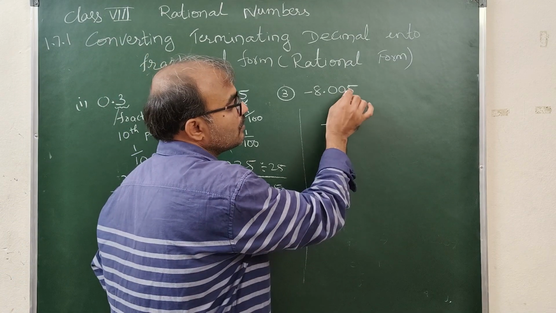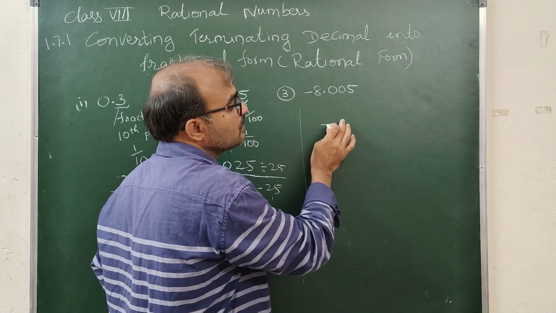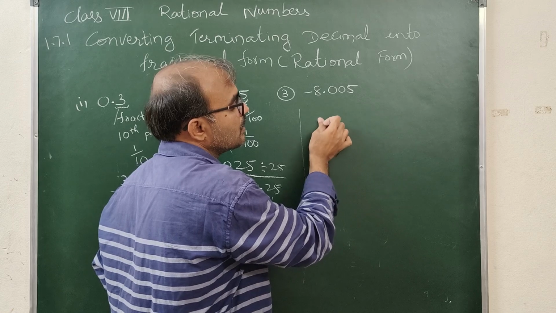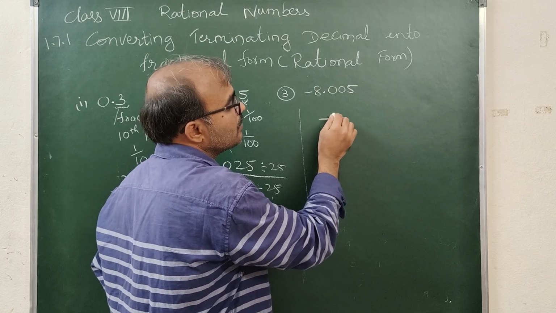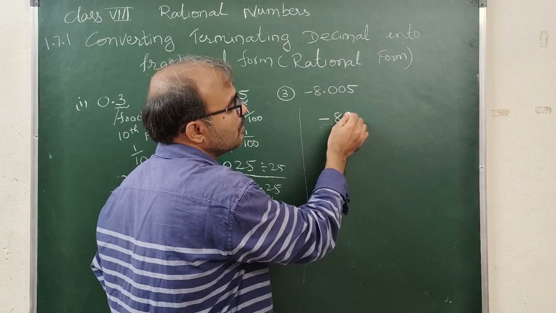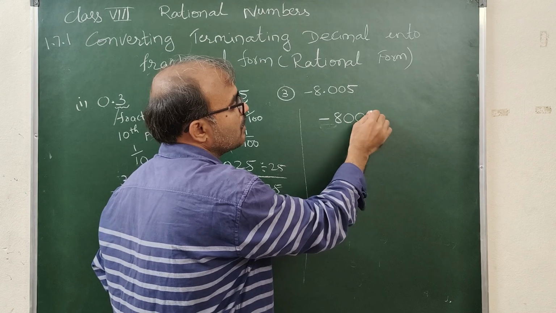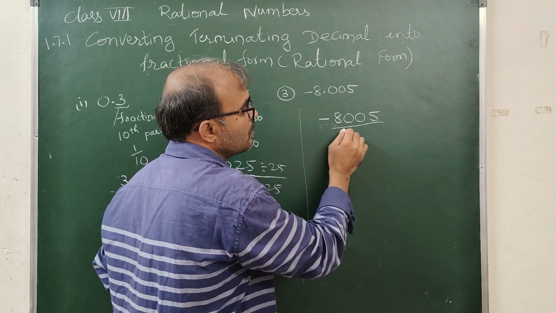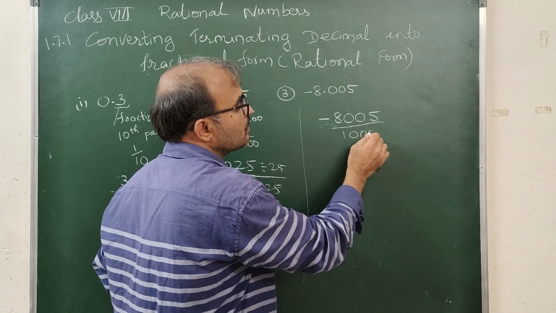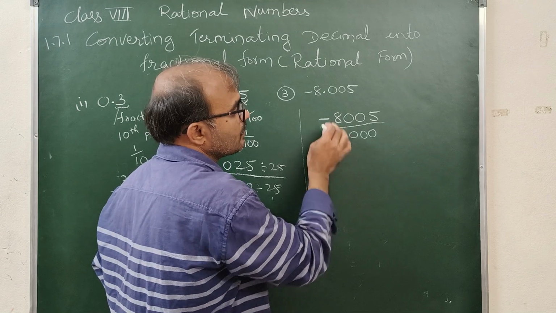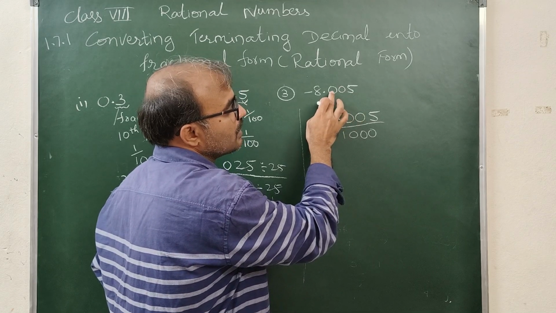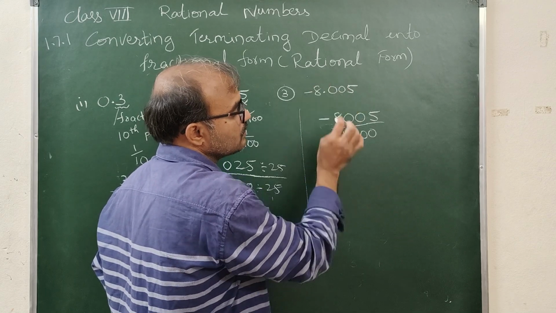One whole is divided into 1000 parts and just 5 parts are taken. So you write the entire number with the minus symbol and without the decimal point: minus 8005 by 1000. Tenths, hundredths, thousandths.